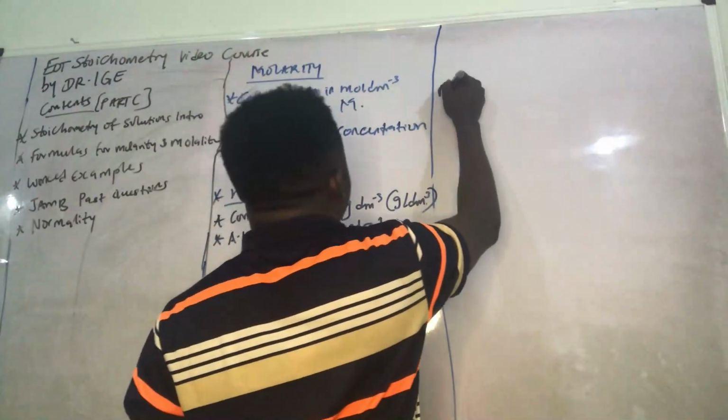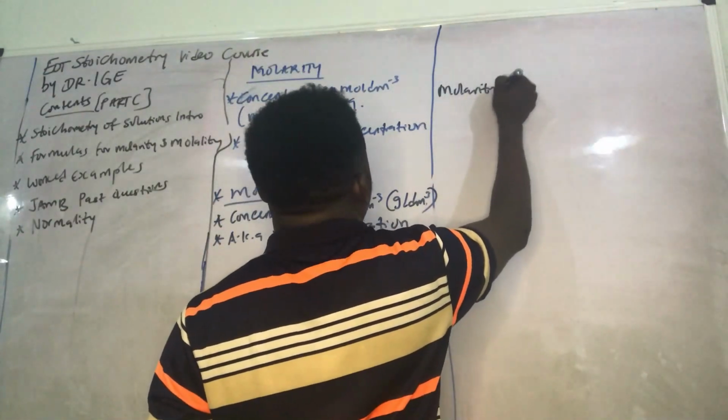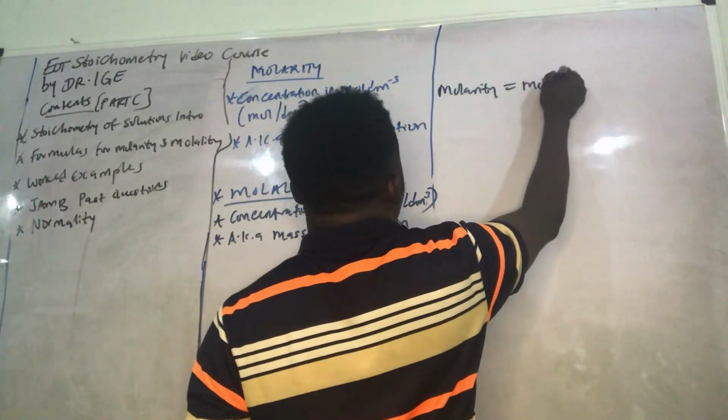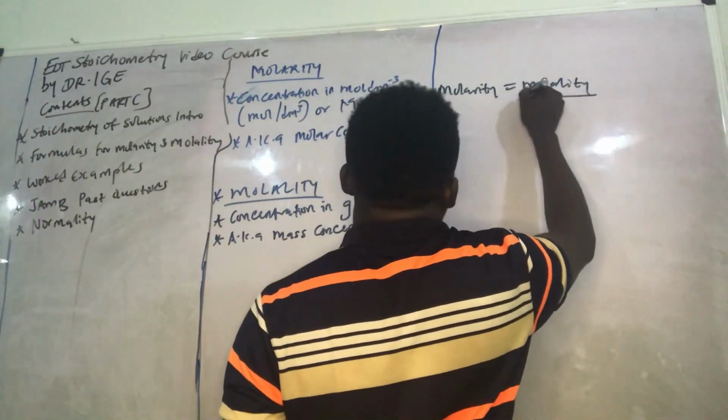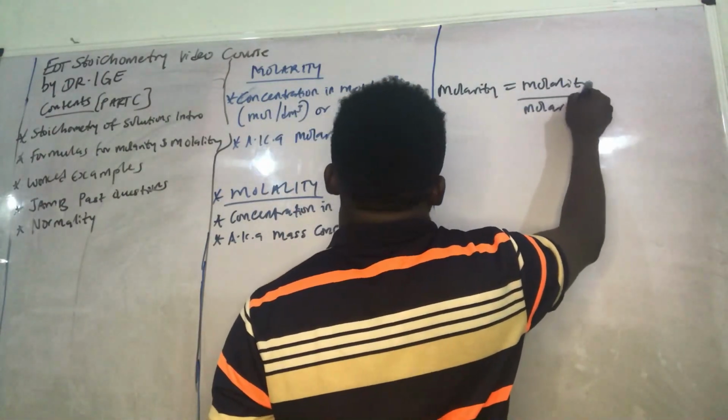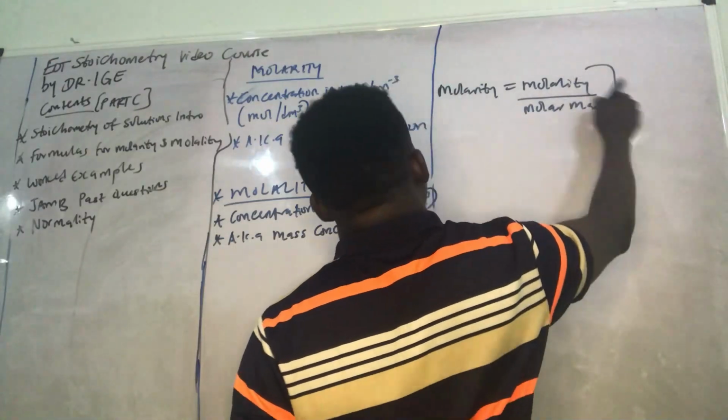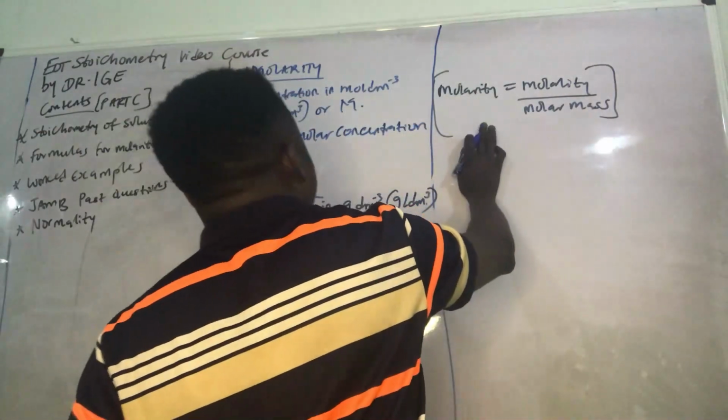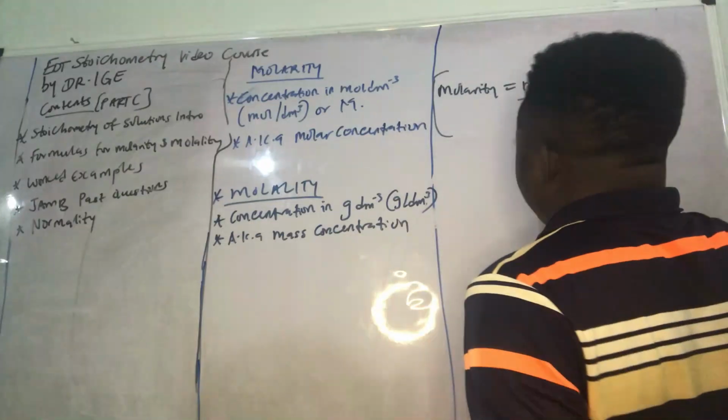It's the formula that links both together: molarity is equal to molality over molar mass. Just in case you want to link them, this is the formula. If you are looking for molarity, just do molality over molar mass.